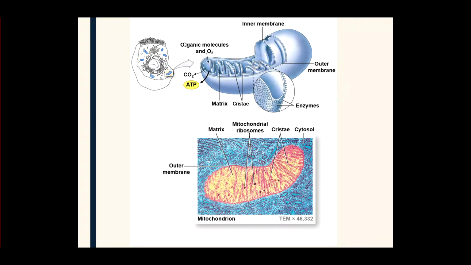So you can see here organic molecules go in like the pyruvate or fatty acids plus good old oxygen. They go in, they get metabolized, and we produce our ATP. CO2 is a byproduct of the Krebs cycle, so this is where the CO2 is coming from.